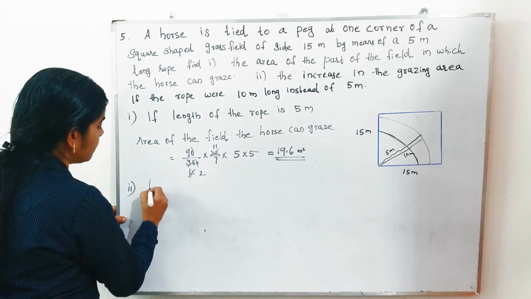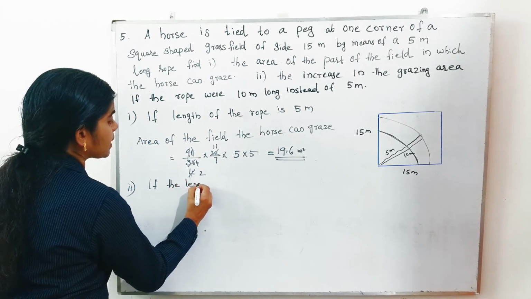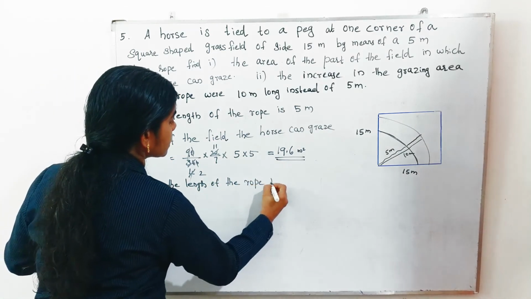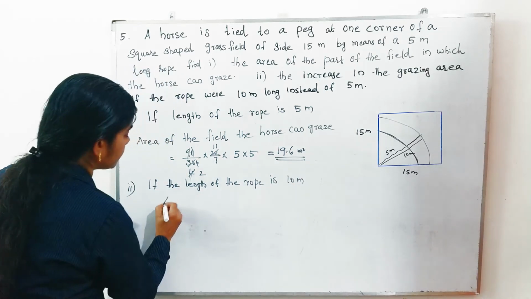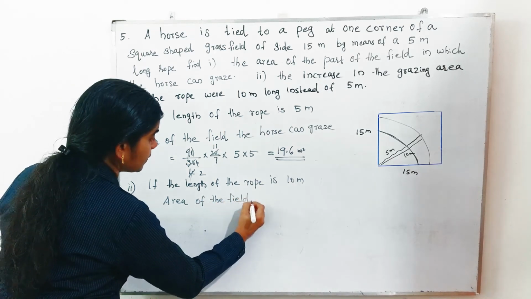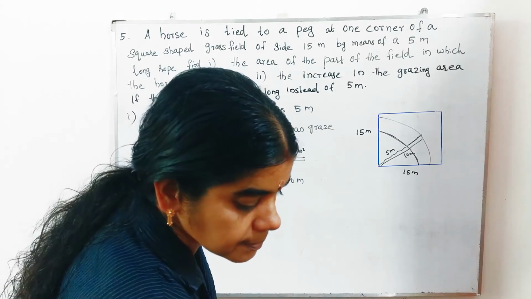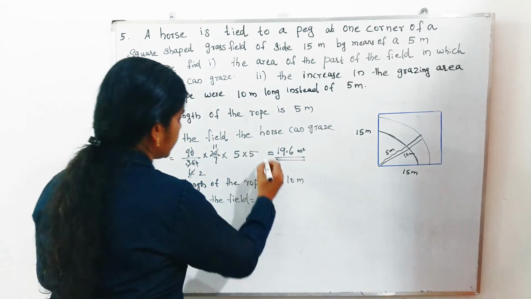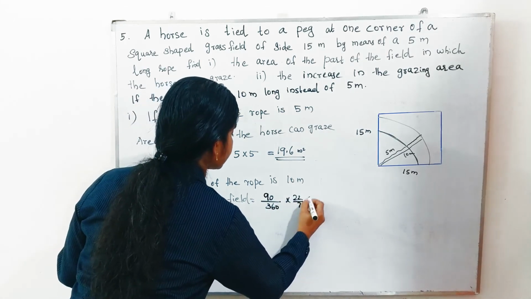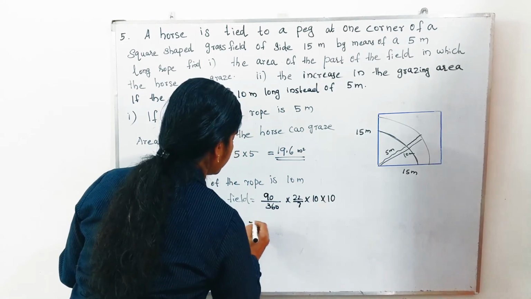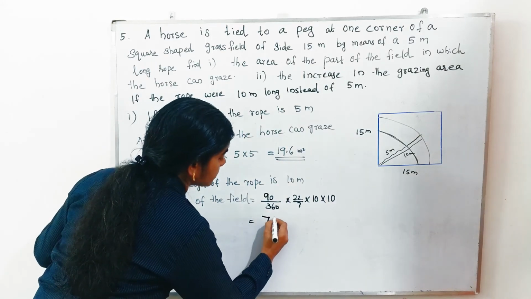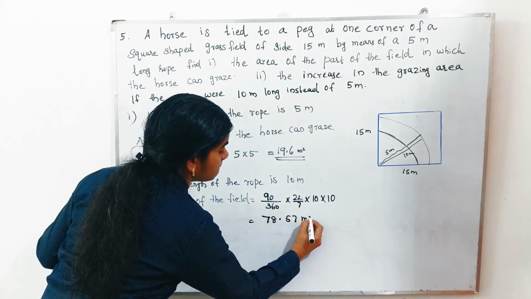Then if the length of the rope is 10 meter, area of the field is equal to, again we can take 90 by 360 into 22 by 7 into 10 into 10. Then you will get 78.57 meters square.